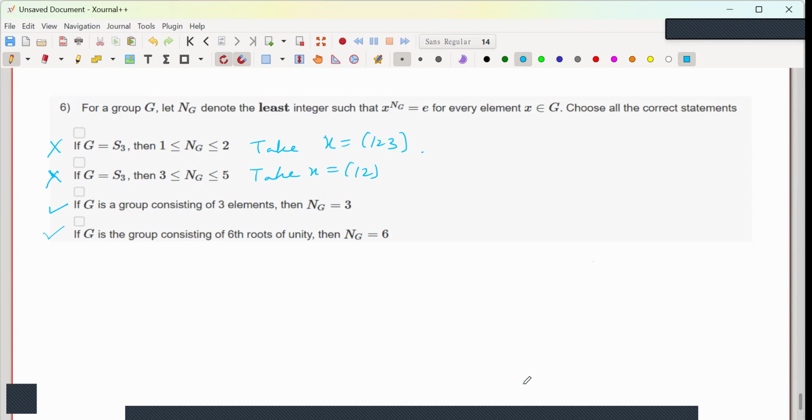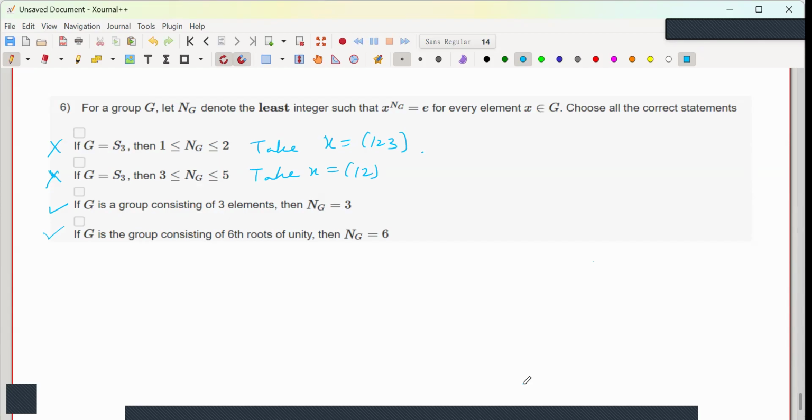Now, what you can do is make pairs of all non-identity elements, pairs containing A and A inverse, right? Because A and A inverse are different. So you take A to be a non-identity element. A inverse is not equal to A. You make a pair, separate it. Now you choose B, which is not A and not A inverse, and which is also not equal to identity. You can club it with B inverse, make another pair.